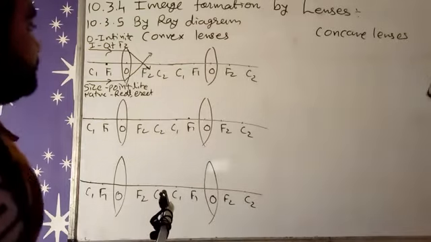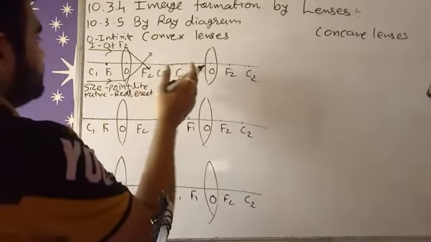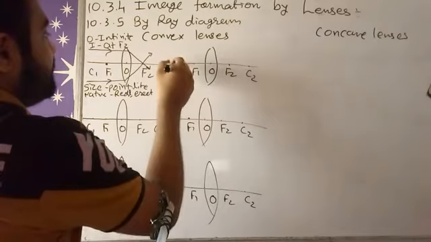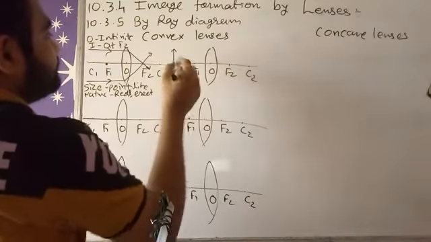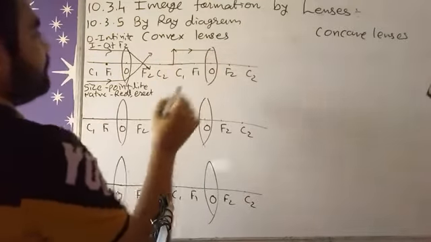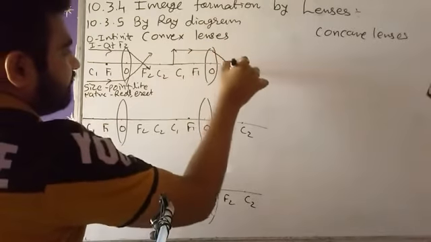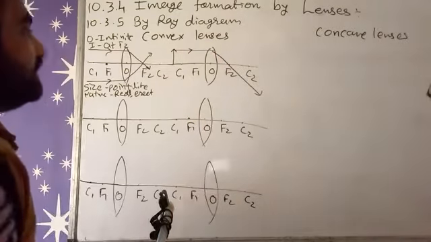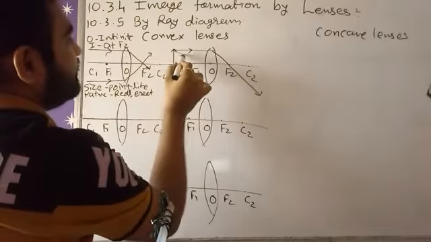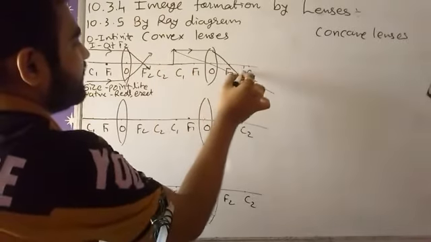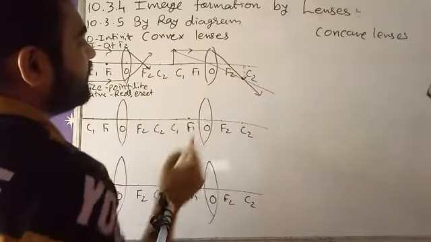Now we move on to the second characteristic of a convex lens. If the object is beyond C1, one light ray passes through F2, and another ray passes in this direction. We get the image at the intersection point.